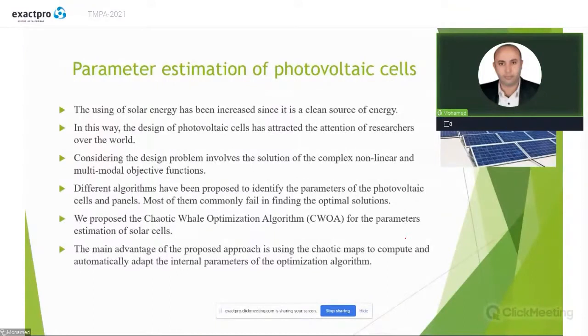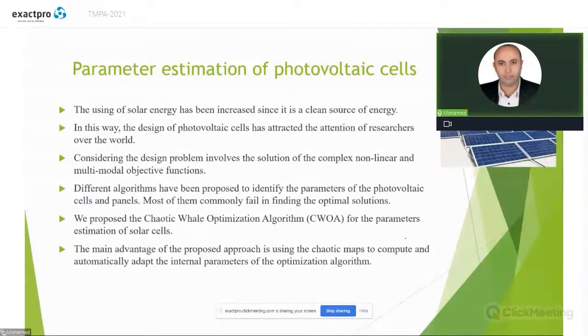Considering that the design problem involves the solution of a complex nonlinear and multimodal objective function, different algorithms have been proposed to identify the parameters of PV cells. Most of them commonly fail in finding the optimal solution.